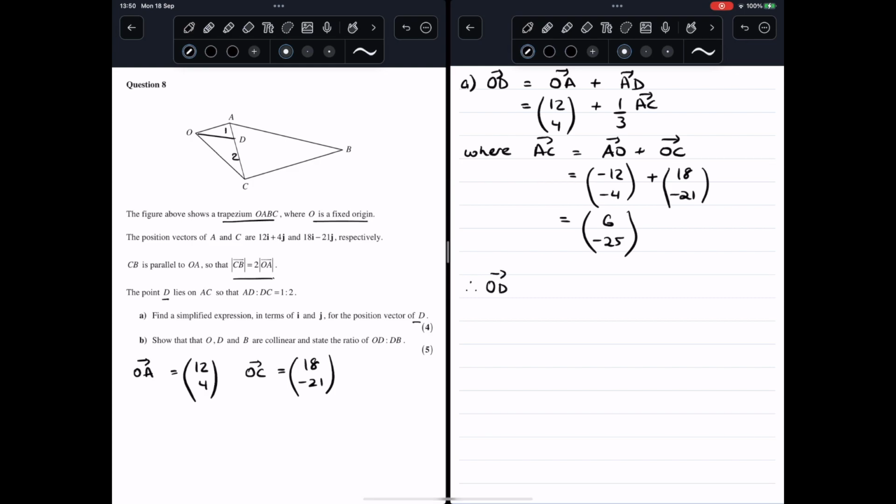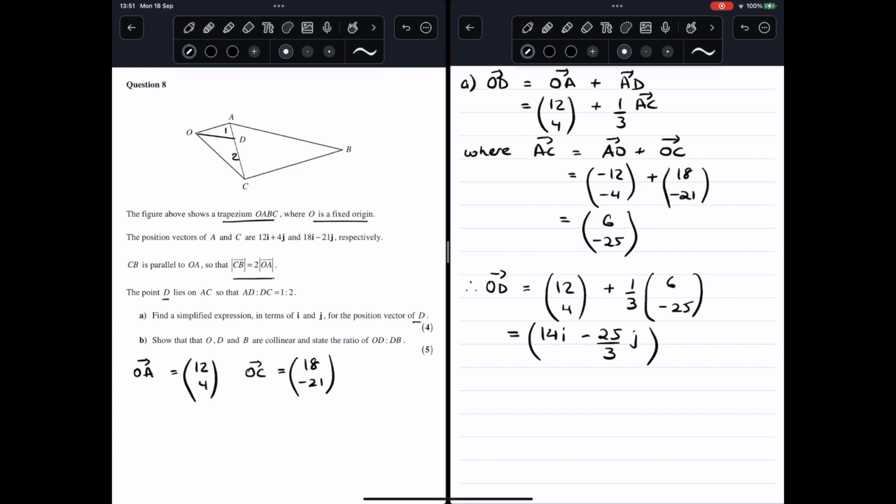Okay, so therefore OD is going to be 12, 4 plus 1/3 of that vector over there. And that gives me 14i and minus 25 over 3j. Okay, so that's OD done.